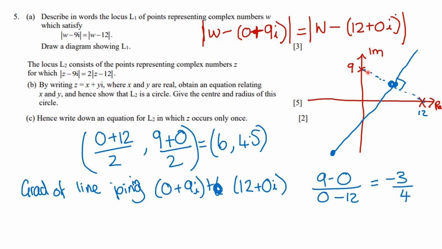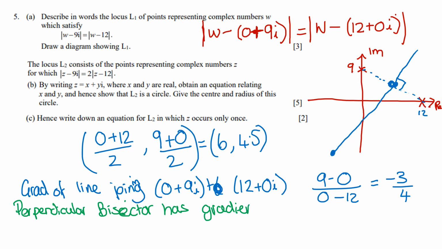So this perpendicular bisector has gradient, remember it's the negative reciprocal, so it's 4/3.